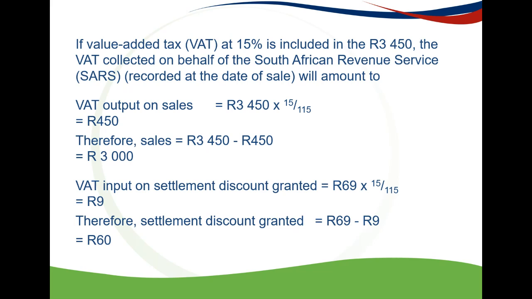Because remember, when we record our expenses or our income, my sales would have been the 3,000 Rand, and my VAT output would have been the 450 Rand. Whereas my settlement discount granted expense would be 60 Rand, and my VAT input will be 9 Rand.